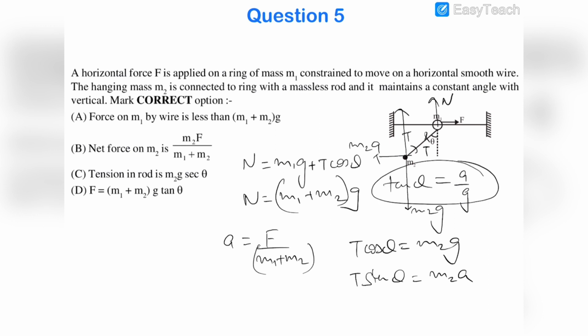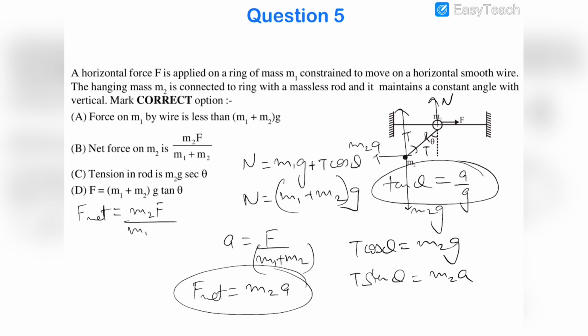The net force on this ball would be ma, where m is m2 and a is this. So F net on the ball would be equal to m2F upon (m1 plus m2). So B is correct.